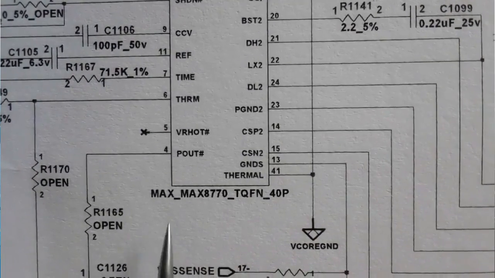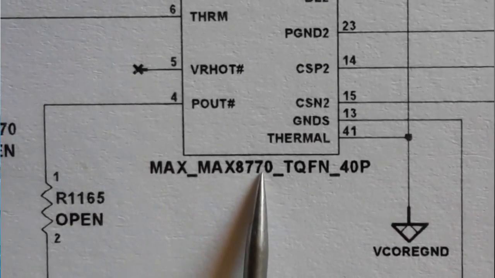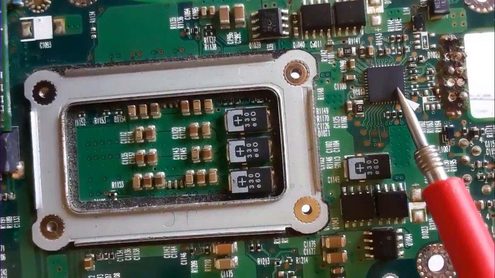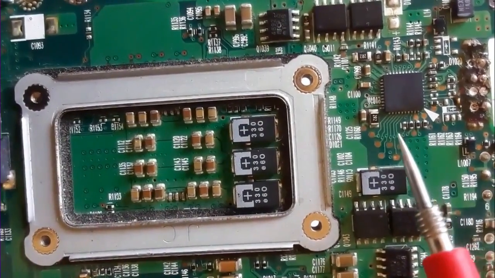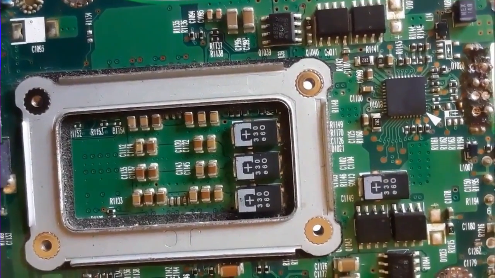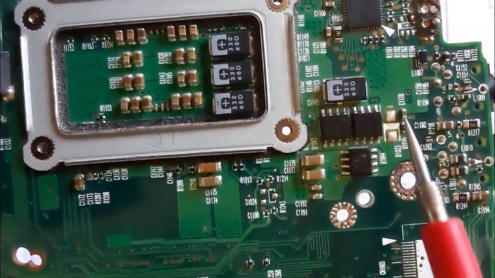This is its part number, or reference, MAX8770. Here we have U1018, its reference on the motherboard. So let's see. You have here U1018, the same as we have seen in the schematic. Okay, so this is the power management IC.